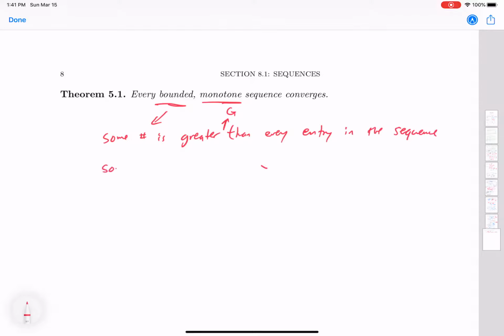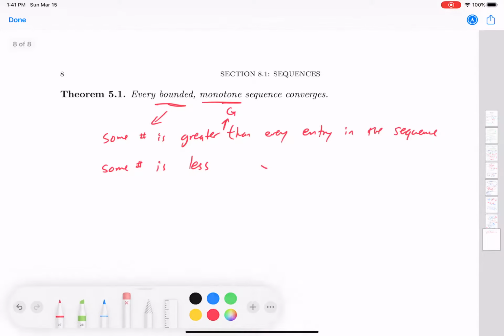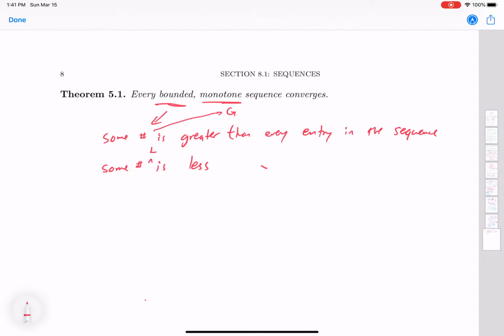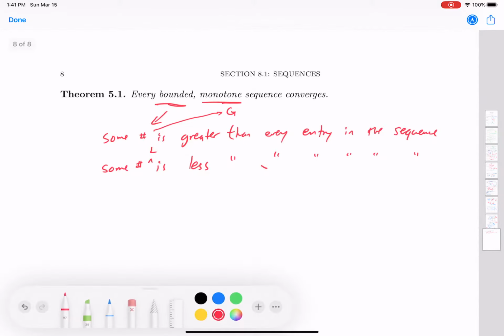And some number is also less. Maybe I put this g in the wrong place, really. I should say some number, which I'm going to call g. And here's some number L that is less than every entry in the sequence. That's what it means to be bounded. You've got something always above and something always below.